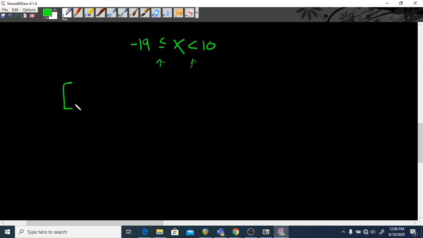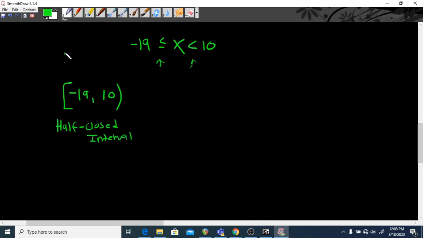The negative 19 has equality. Anytime you see equality, it gets a bracket. And then we have no equality here, so we get a parenthesis. So this is called a half closed interval.